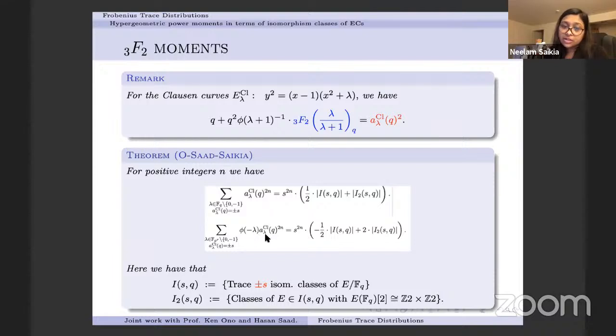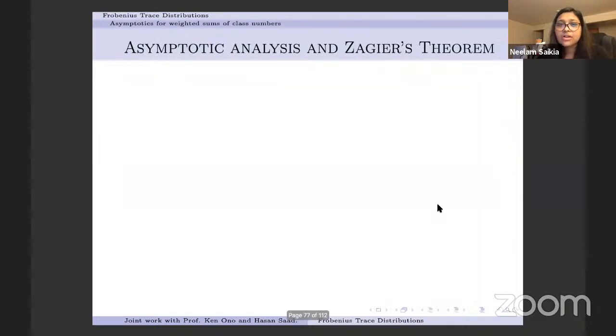If we consider this weighted sum, then we obtain that this sum can be expressed similarly in the sizes of these two sets. So using this theorem, we obtain our even moments for these 3F2 functions, which eventually gives weighted sums of class numbers after applying Schoof's theorem.